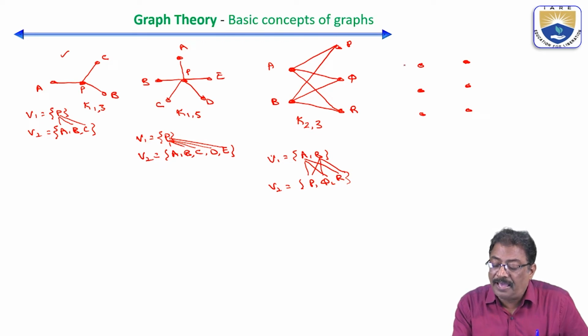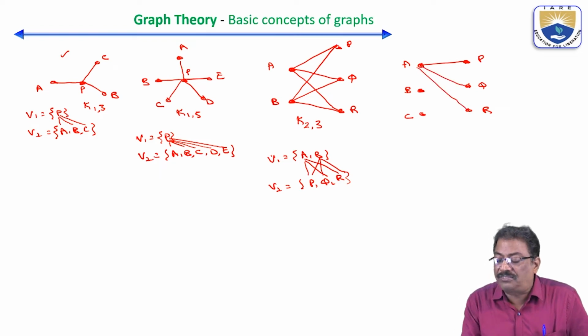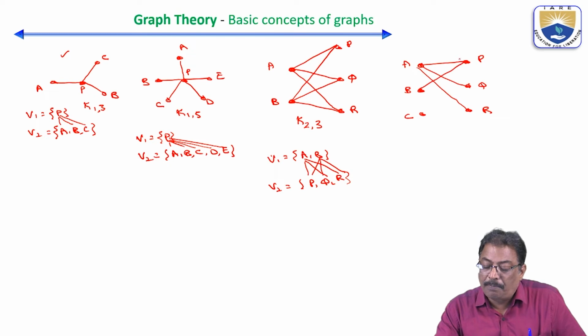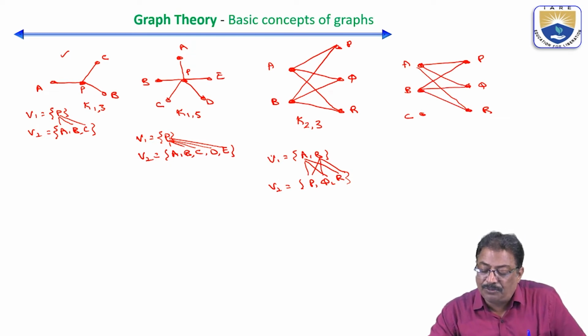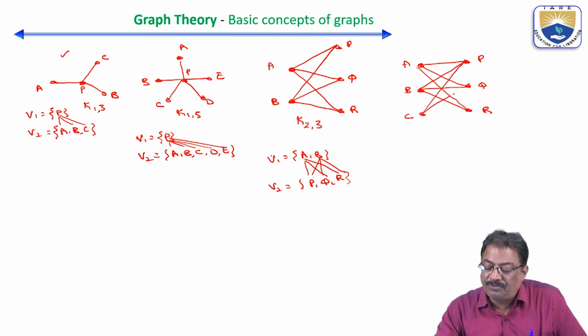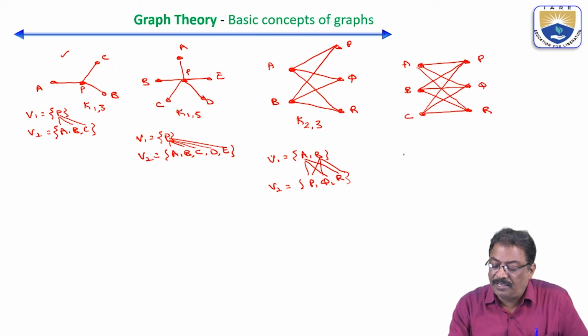This is A, B, and C, and then P, Q, R. The edges are A to P, A to Q, A to R. Similarly, B to P, Q, and R. And similarly C to P, Q, and R. So here V1 is A, B, C, and V2 is P, Q, R.